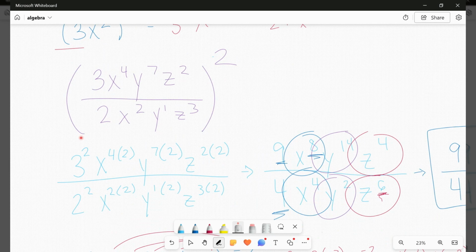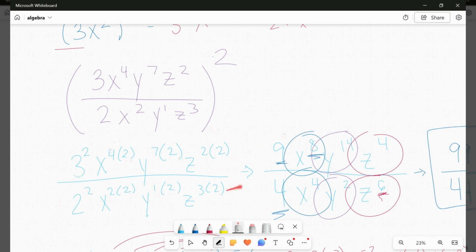Once you get here, we know 3 squared gives us 9, and then we can multiply all these exponents. So we get x to the 8th, y to the 14th, z to the 4th, over 4, x to the 4th, y squared, z to the 6th.